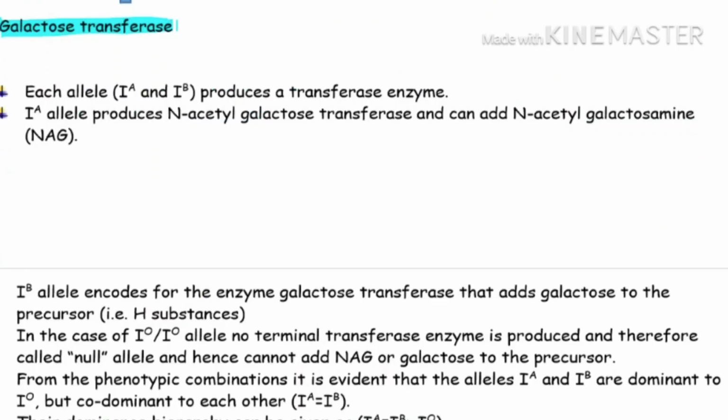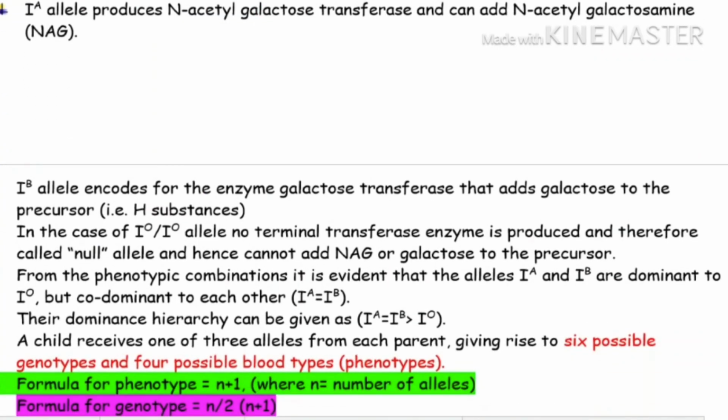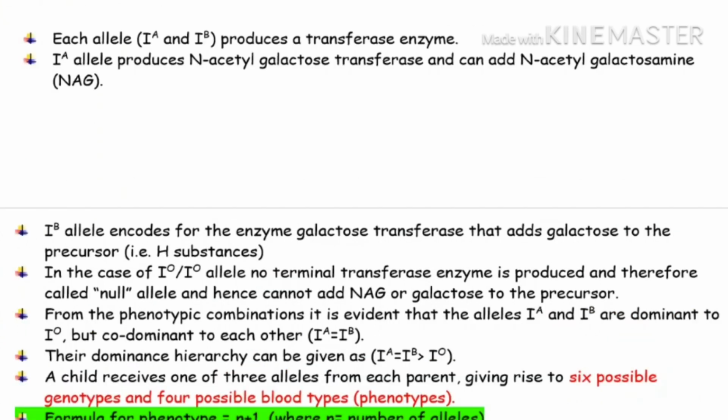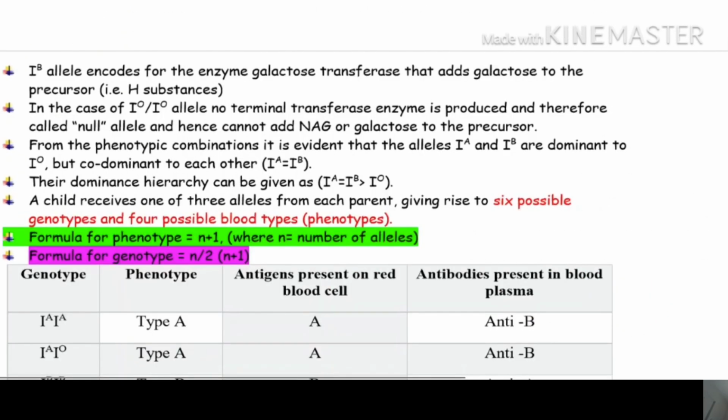In the theory, I have given it this way here. This is a theory. You can note it down. From the phenotype combinations, if we see the blood group 4 phenotypes, it is clearly seen that alleles IA and IB are dominant to IO and they are co-dominant to each other.